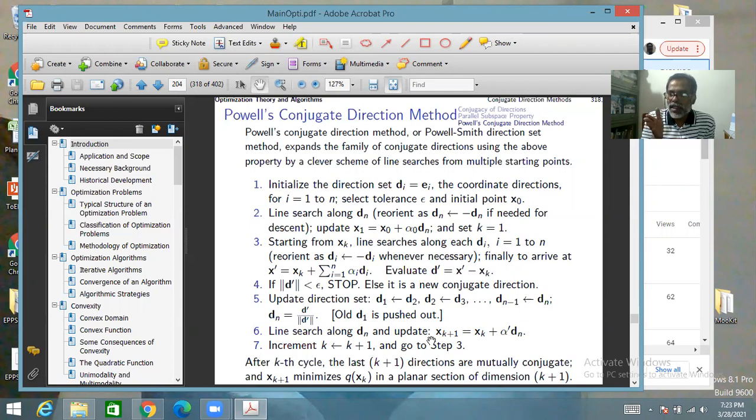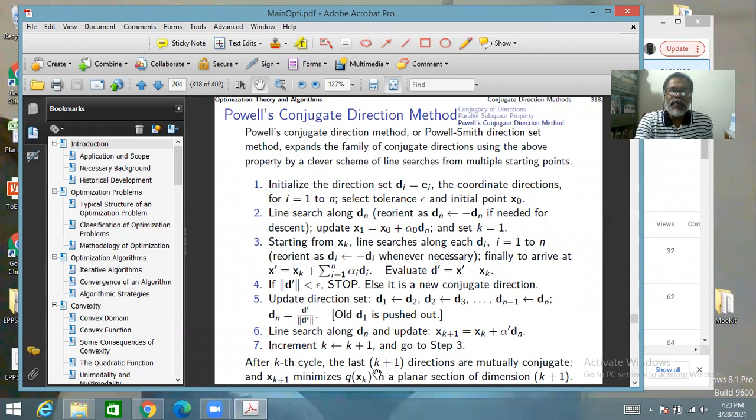And therefore, this step in this iteration will now generate a new direction which will be conjugate to both dn minus 1 and dn, and they themselves are also among themselves conjugate. So at the end of the second cycle, you would have collected a set of 3 directions which are mutually conjugate. And like this, you will go on collecting one new every iteration.